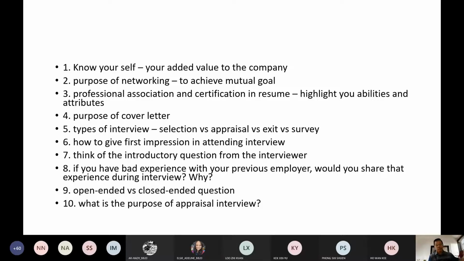So number 1, the note that I want to share with you all is know yourself, your added value to the company. If I am one of you, I might predict the question from the subject like this: if you attend an interview, why does the interviewer want us to be in the company?